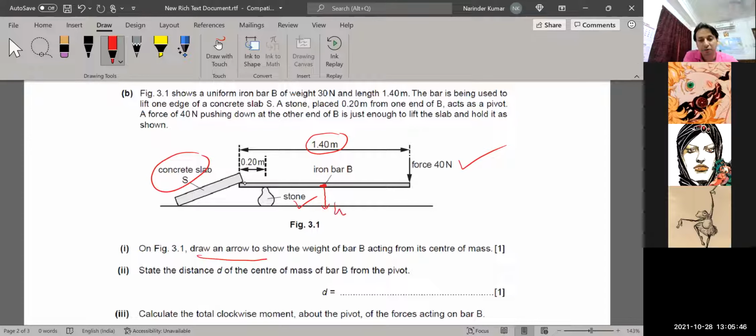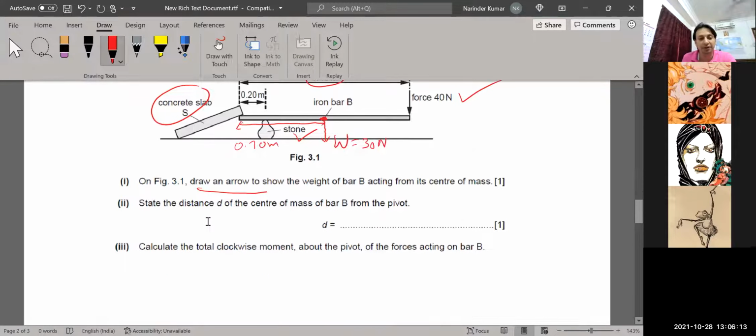So this weight W is equal to 30 Newton. In exams, with the help of the scale, you can mention the middle point. This distance I can write here if required in the next question: 0.70 meter.